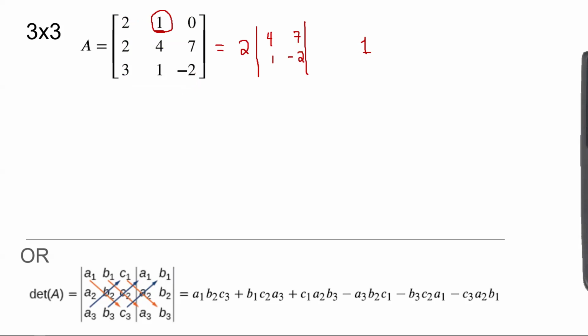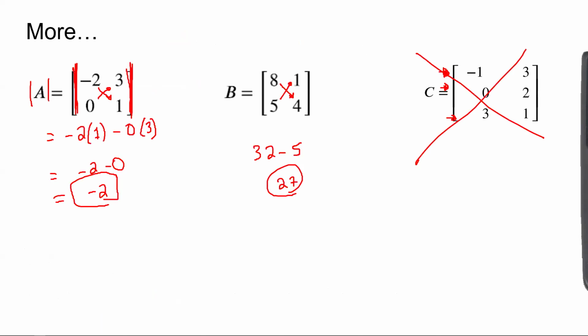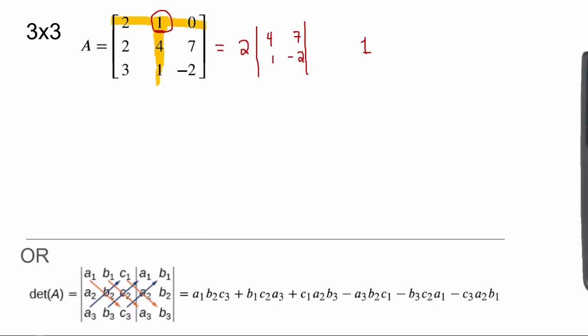We want to knock out the row and the column that element sits in. Okay. And I look and there's a 2 and a 7 and a 3 and a -2. That's what I need to put in the box there.